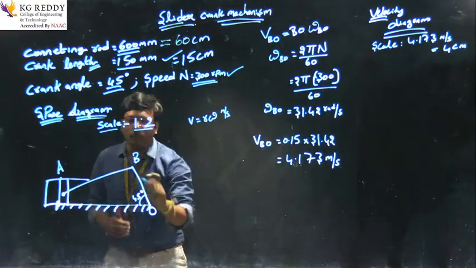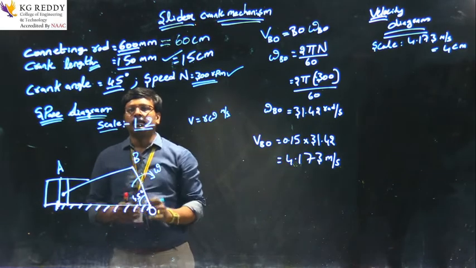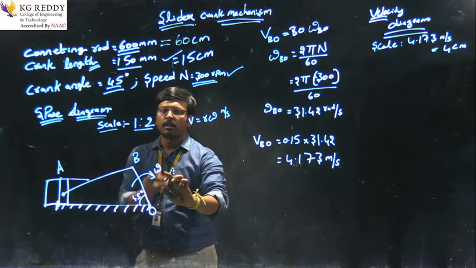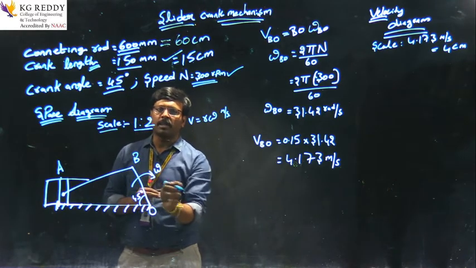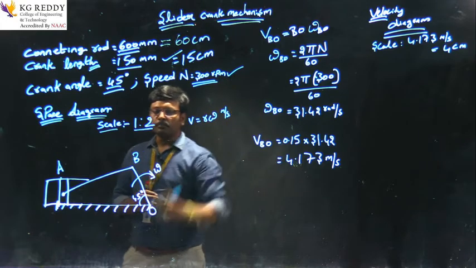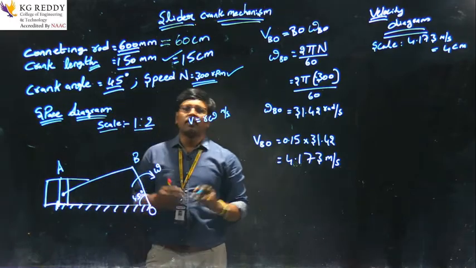The crank rotates in the clockwise direction with omega, the angular velocity. So, the angular velocity is omega in a clockwise direction and the speed is 300 rpm. From this we can find the velocities.